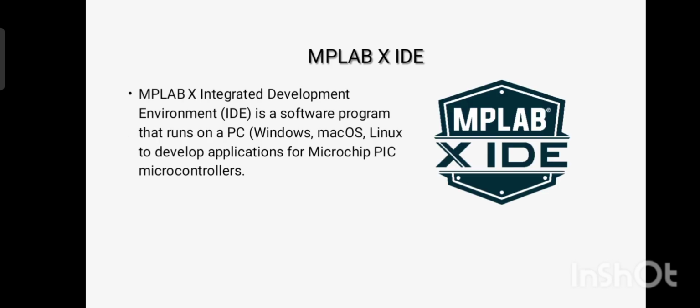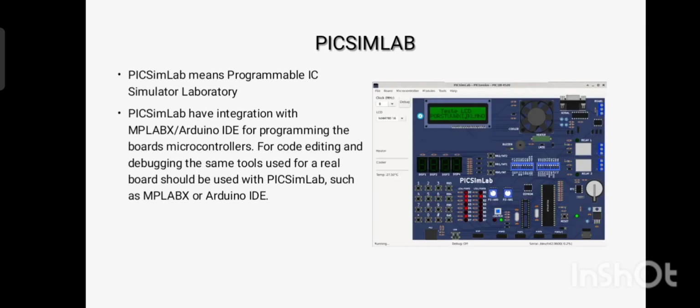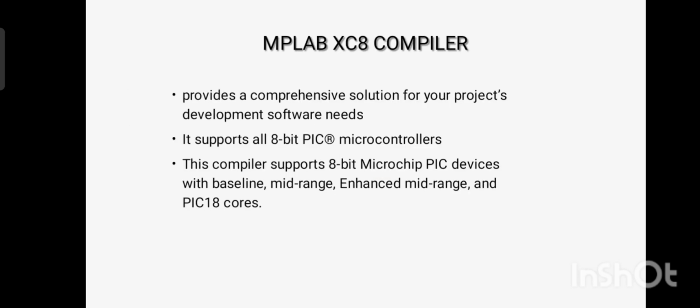MPLab X IDE is where we write the program code, which is then dumped into a tool called PiximLab. And to compile the program, we need a compiler, so we are using the MPLab X8 compiler.